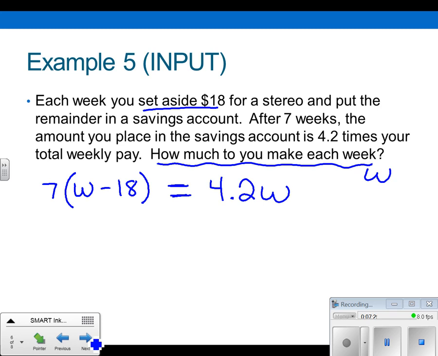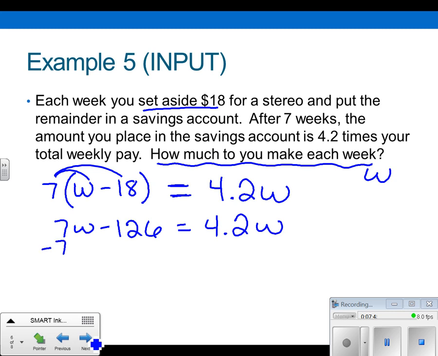The first step is getting rid of the parentheses, 7 times W, and then 7 times negative 18 gives you negative 126, is the same as 4.2 times W. And I want to subtract the 7W from the left side, and then I'm going to do the same on the right side. That's 0.